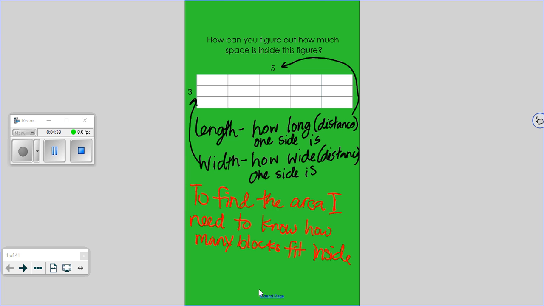So counting it will definitely tell me how many are in there. I got 1, 2, 3, 4, 5, 6, 7, 8, 9, 10, 11, 12, 13, 14, 15. So I have 15 blocks in that area. So my area of this shape is 15.